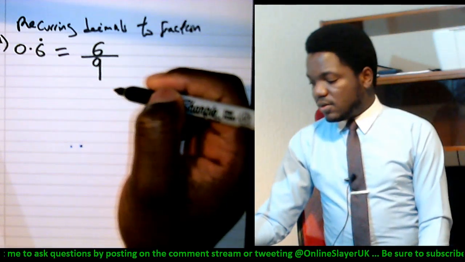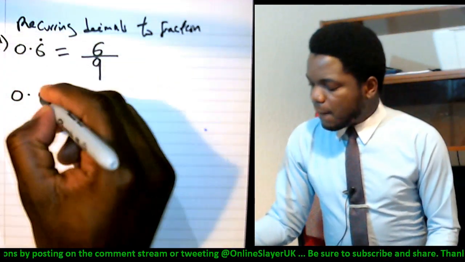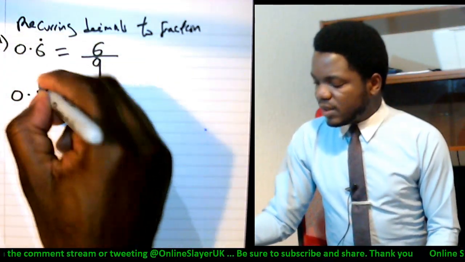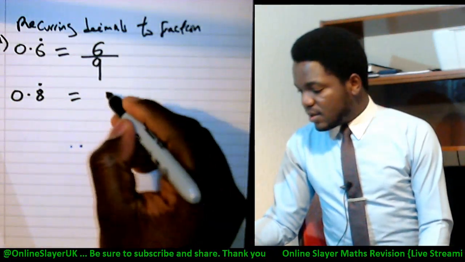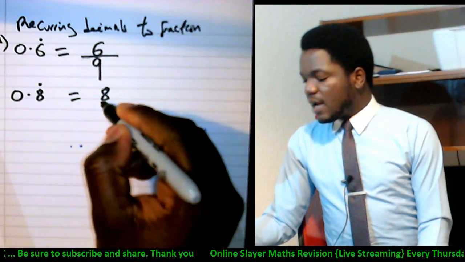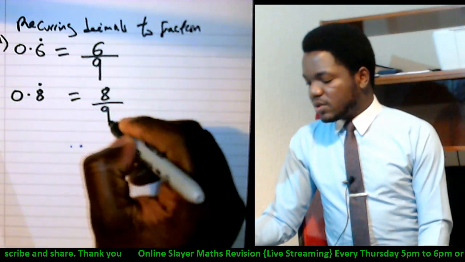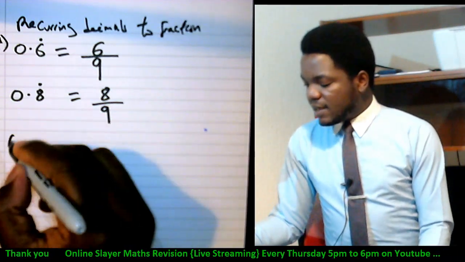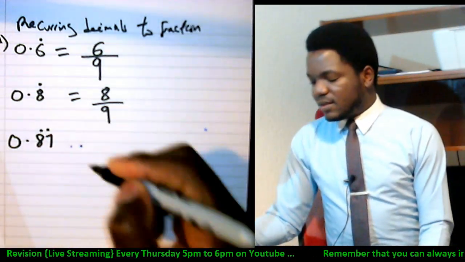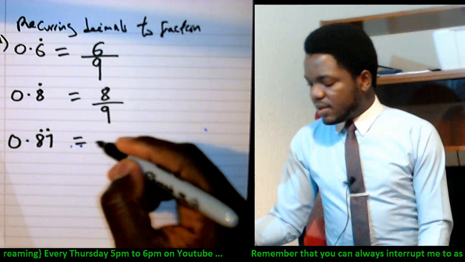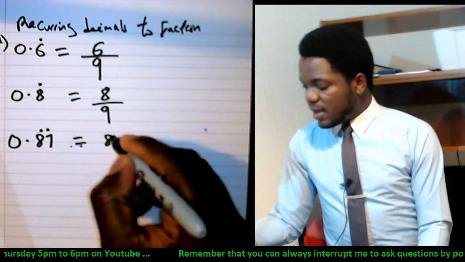Quickly, what if we had 0.8 with a dot? What number is repeating? 8. And how many are they? Just one, so it's going to be a 9. If you had 0.87 with a dot on 8 and 7, what numbers can I see? 87.